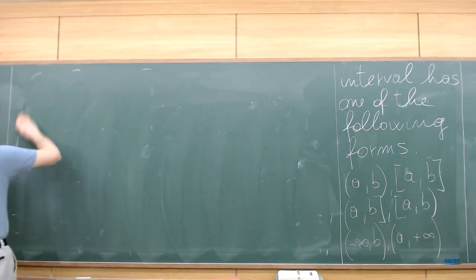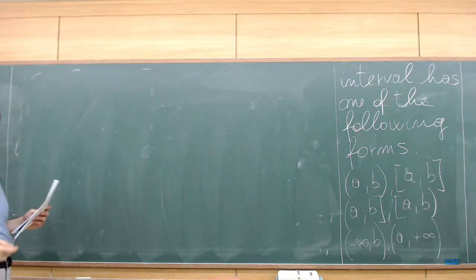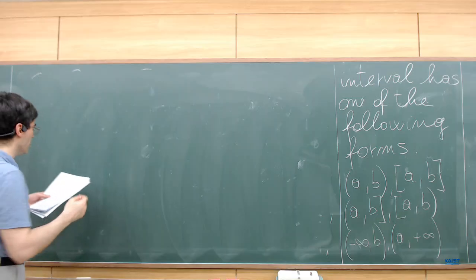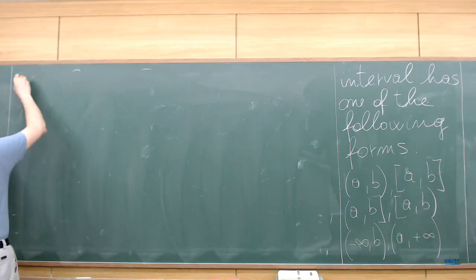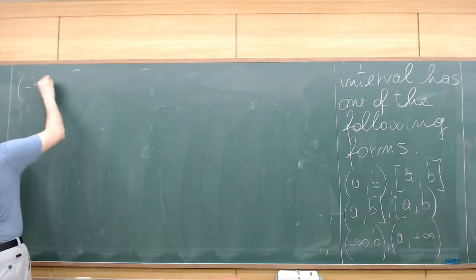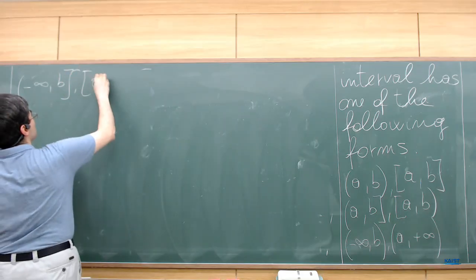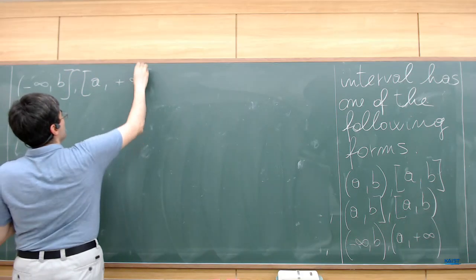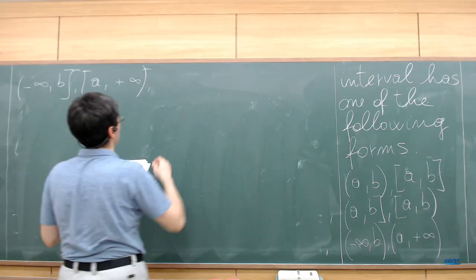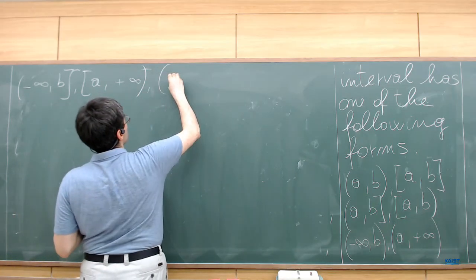And sets which are of infinite length and which are neither closed nor open, like minus infinity, b, a, plus infinity, and the last one is of infinite length and open.